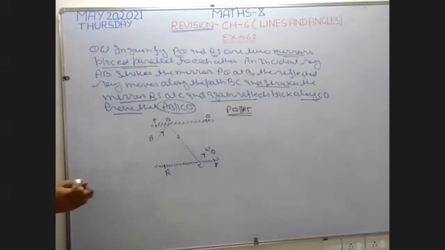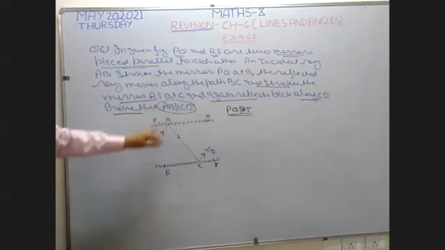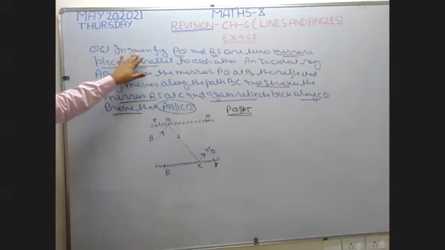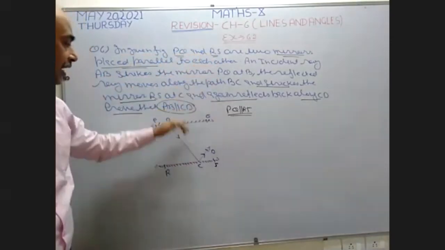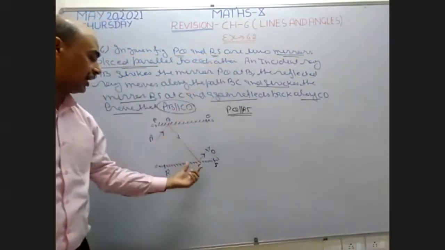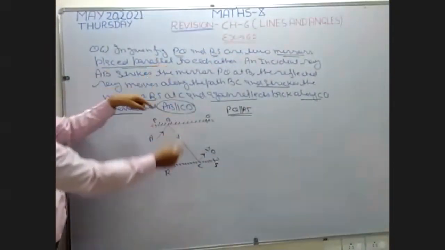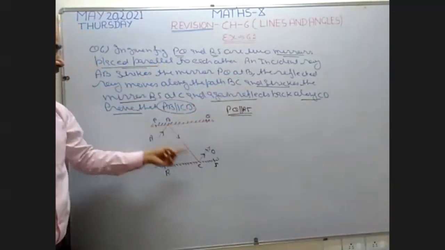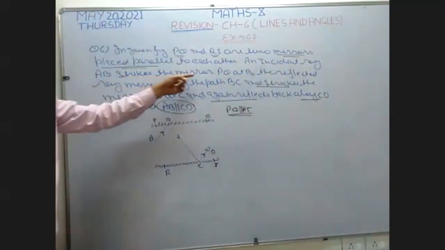Now see what is given in this question, because if you are able to understand this statement, then it is going to be easier for you. In the given figure, PQ and RS are the two mirrors. These two are not rays, these are mirrors, and they are placed parallel to each other. It means PQ and RS are two parallel mirrors. Now an incident ray AB strikes the mirror PQ.